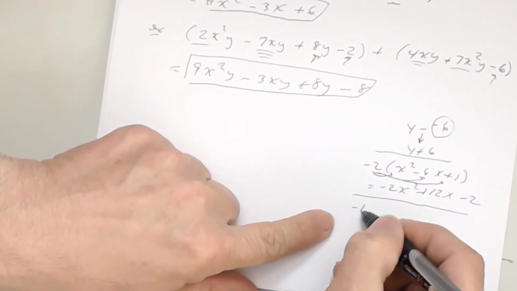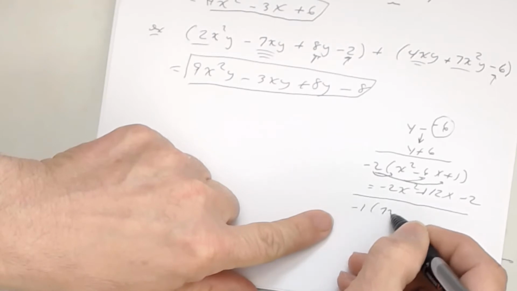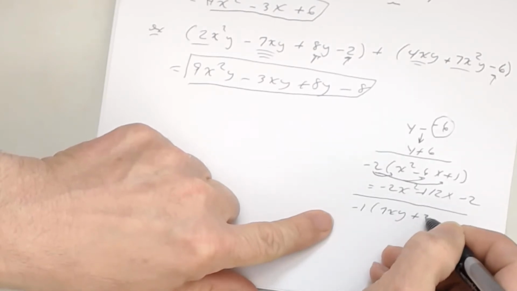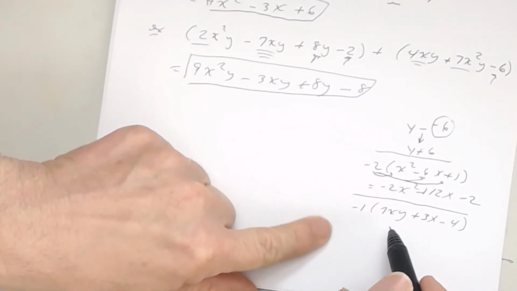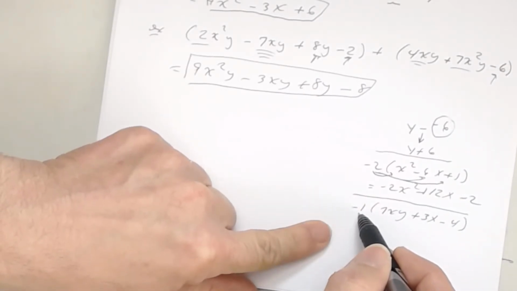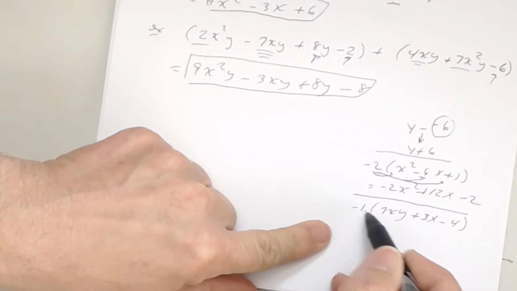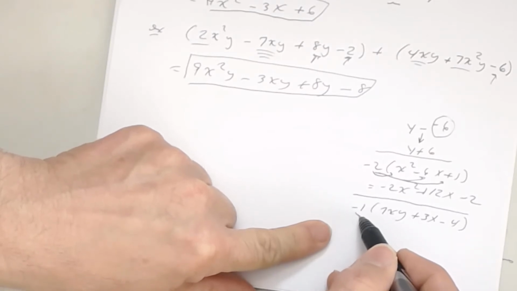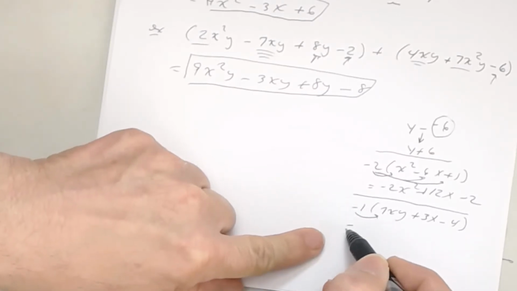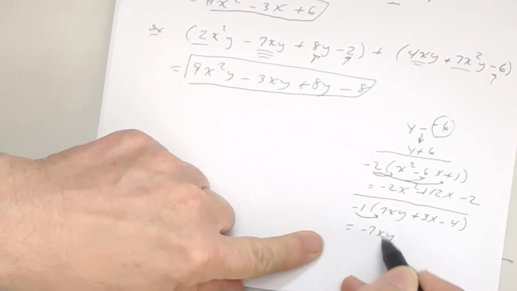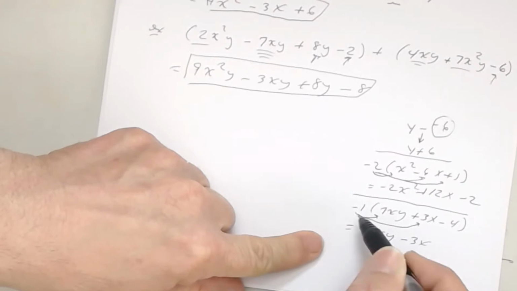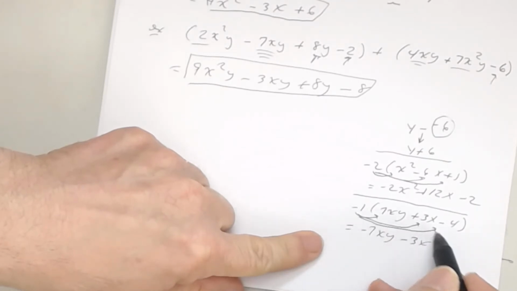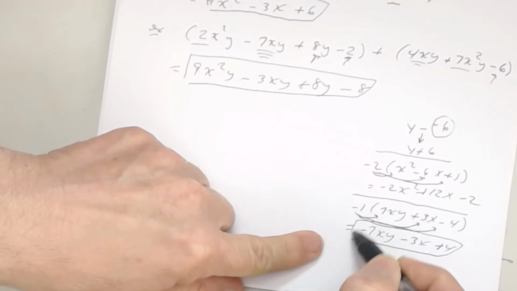What if you had negative 1 times 7xy plus 3x minus 4? What would you distribute? Negative 1, right? So it's negative 1 times a positive 7xy. What's a negative 1 times a positive 3x? What's a negative 1 times a negative 4? Okay.